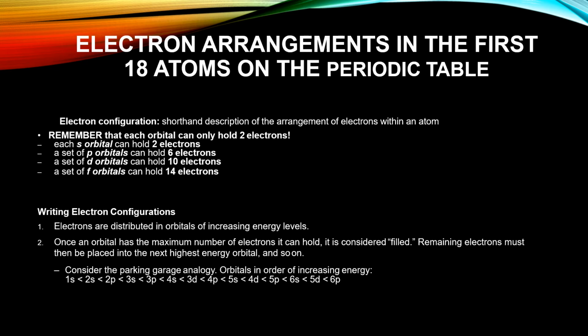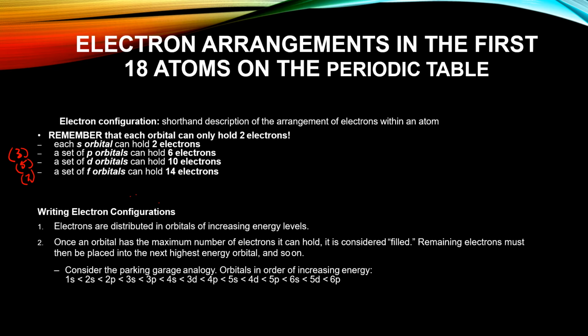The set of p orbitals, because there are 3 of them, can hold a maximum of 6 electrons. The d, because it has 5, can hold a maximum of 10 electrons. And the f, because it has 7 orbitals, can hold a maximum of 14. So again, the electron configuration is just a shorthand way to describe the arrangement of the electrons within the atom.